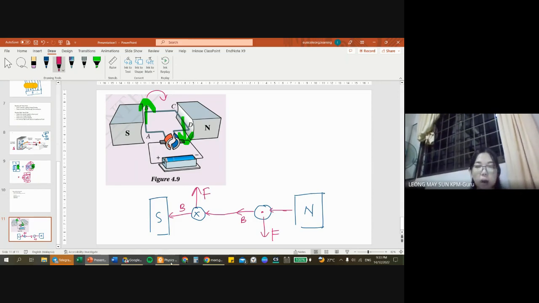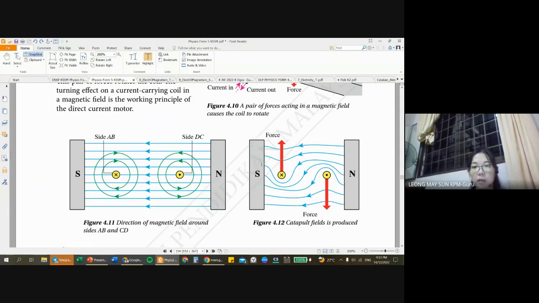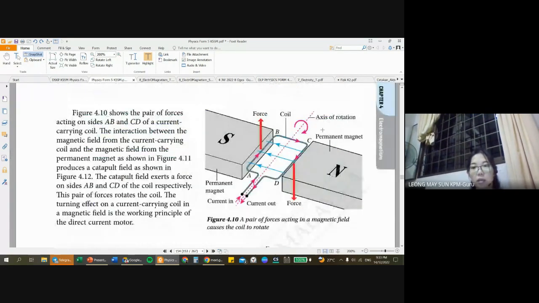That's the reason why inside your textbook, the force is going up on the left and going downwards on the right. So here we would see the coil rotating clockwise about its axis. All right, up to here, any questions?